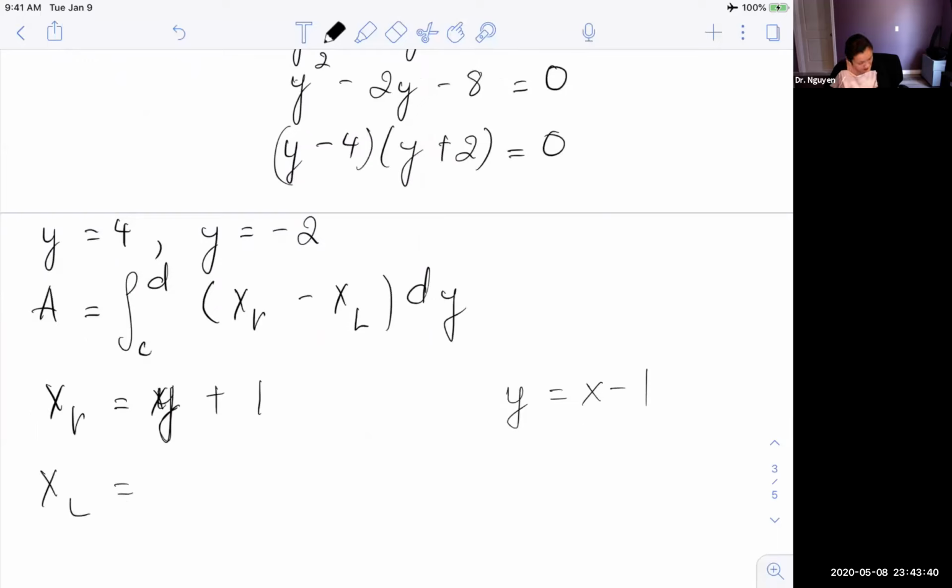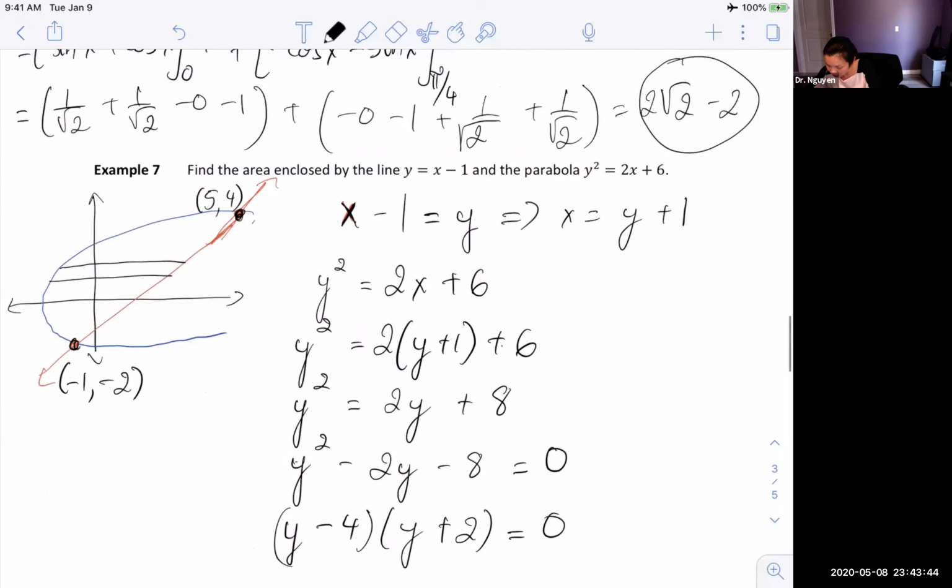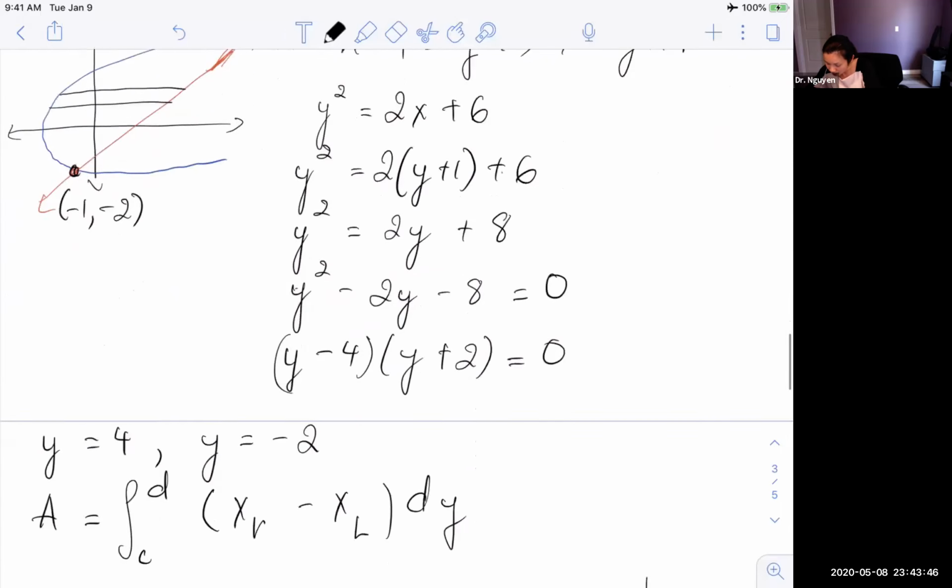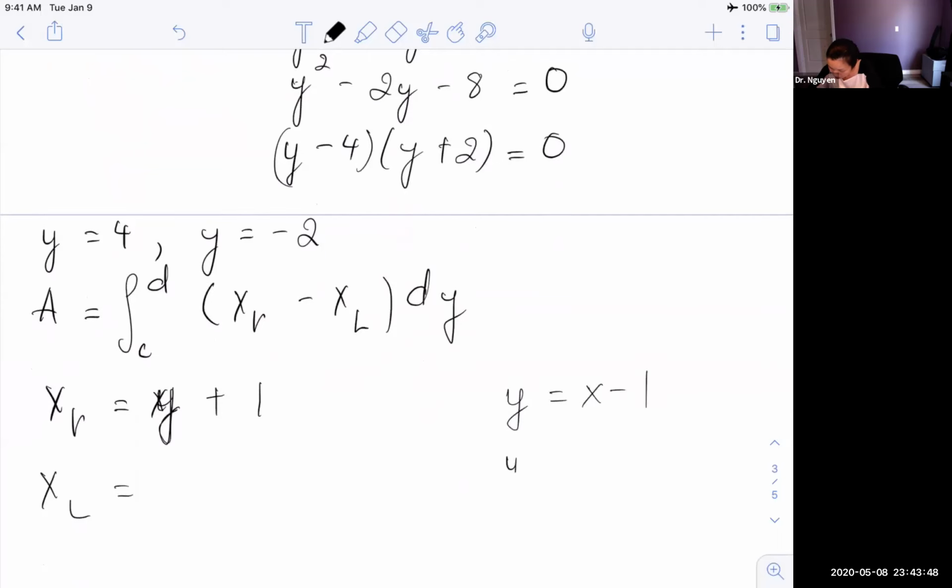And the left, okay, let me check the equation earlier. What do we have? y squared equals 2x plus 6. y squared equals 2x plus 6. All right, so I'm going to solve for x now.